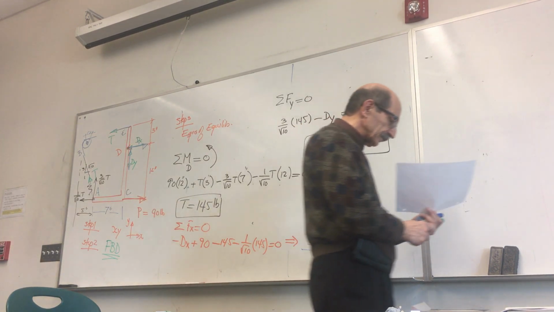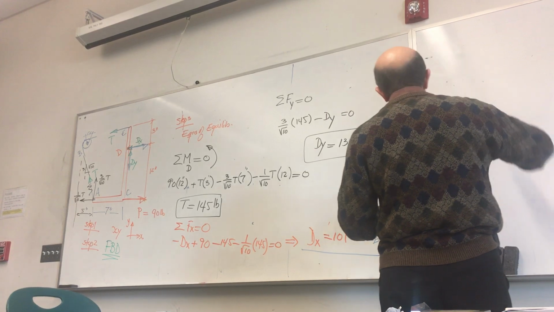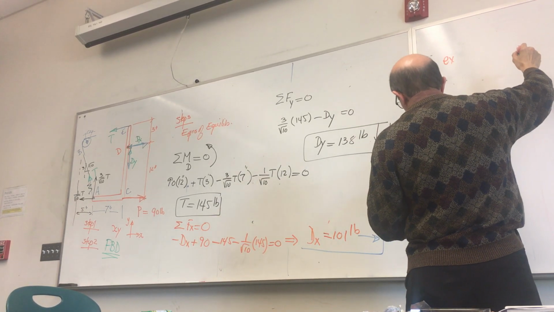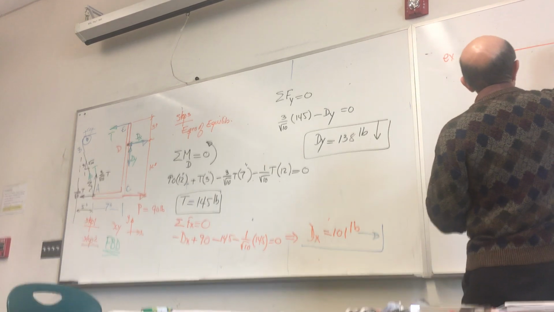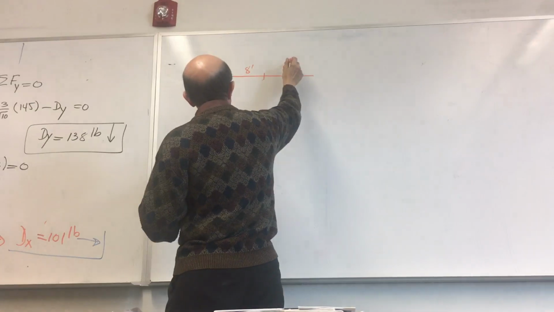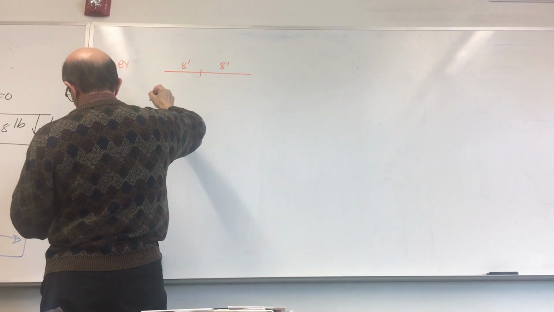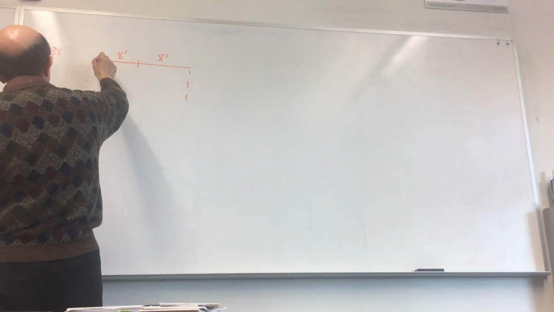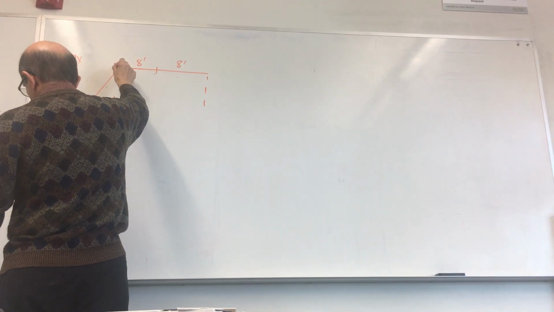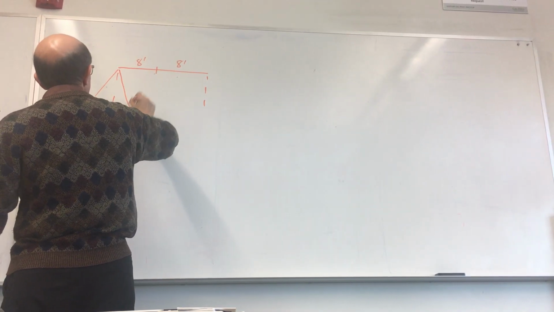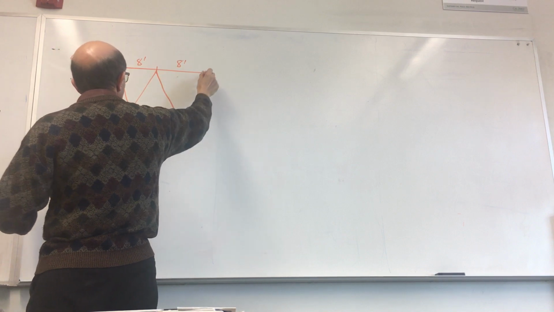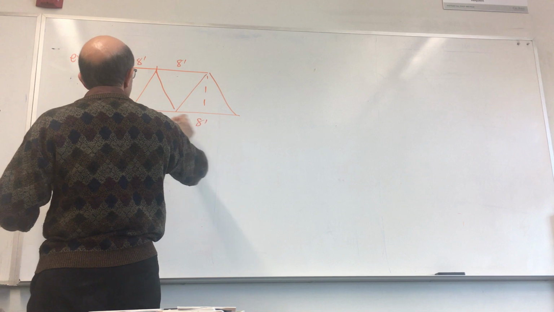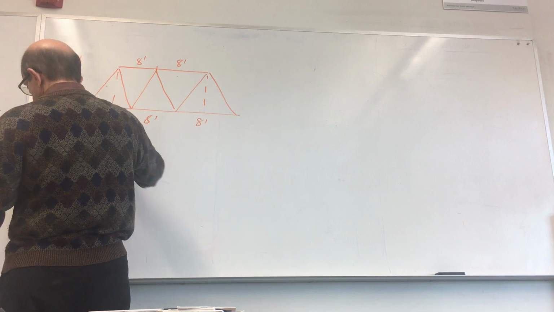So you have a problem that looks like this, right? I think it's clear. That's 8 feet, 8 feet here, right? Okay, and then all of these are 8, so something like this. You have 8 feet, 8 feet, 8 feet.